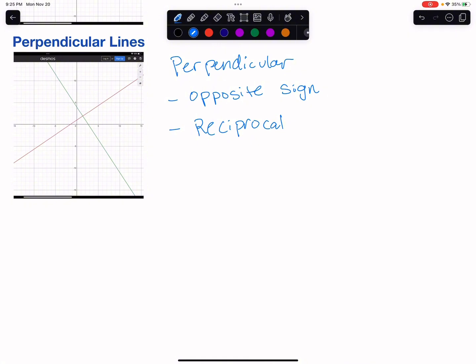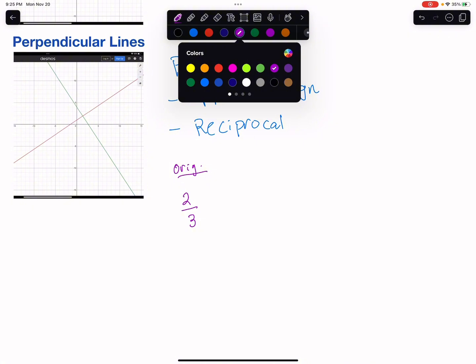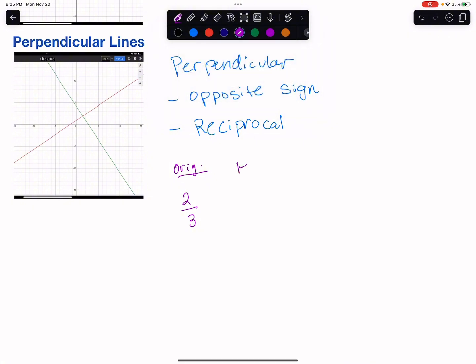So let's say my original slope was a positive 2/3. The slope that's perpendicular will be the opposite sign.